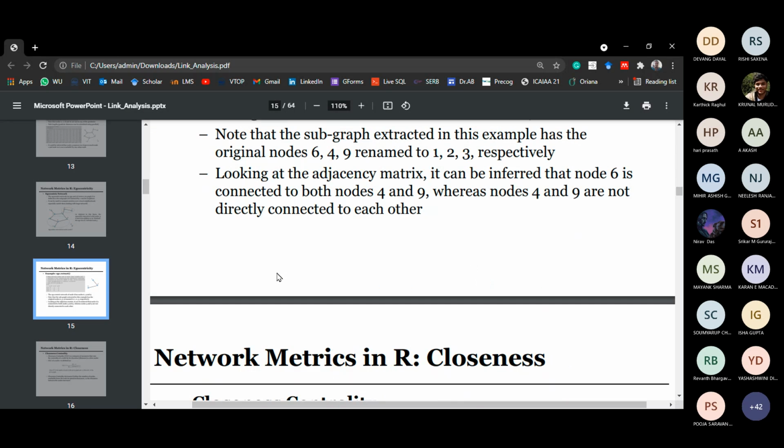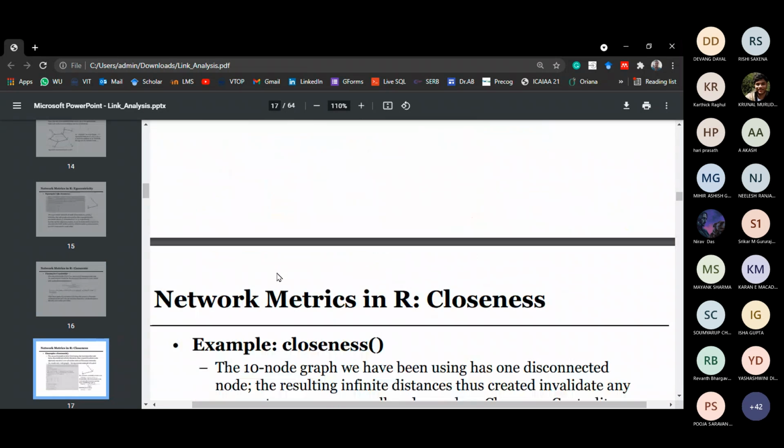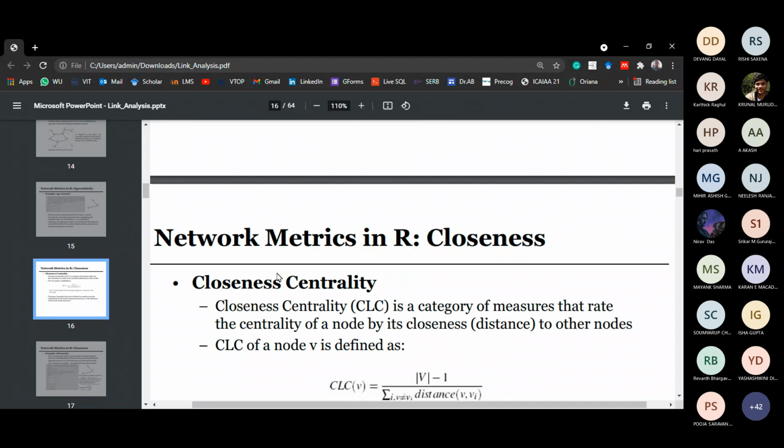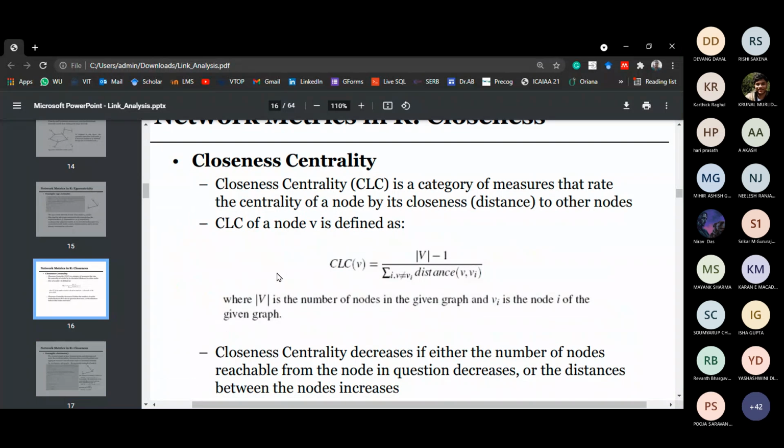The next thing is closeness centrality. Closeness centrality in a given social network finds the centrality of the nodes by their distance from other nodes. Based on the distance with other nodes, you can find out the closeness centrality.